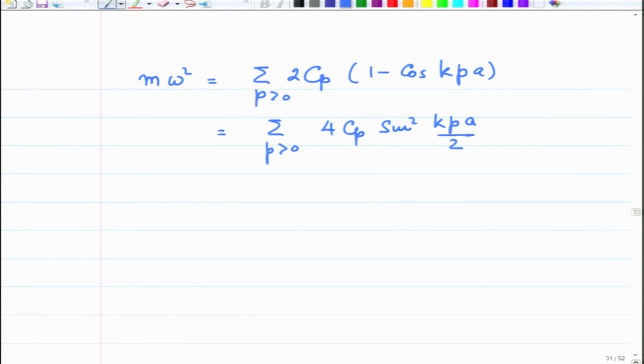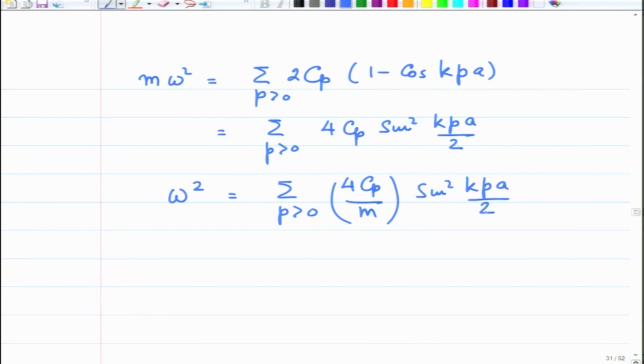And therefore, in this case omega square becomes summation p greater than 0 4 Cp over m sine square k p a by 2.